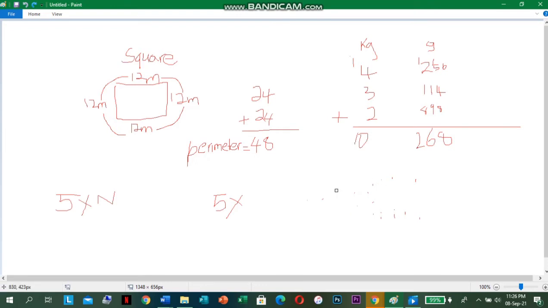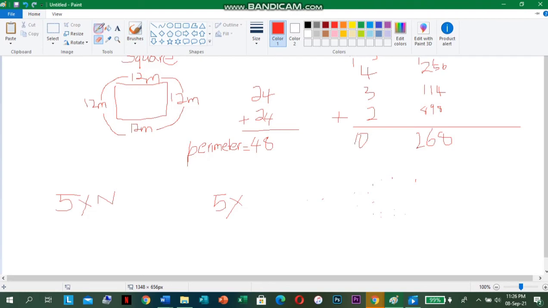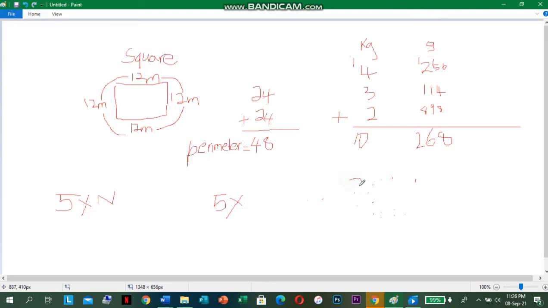Let me go back for my pen. So the kilo means 1,000, so it's 1,000 multiplied by 3.5.